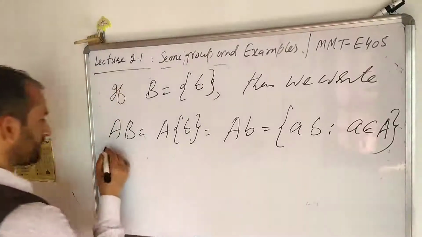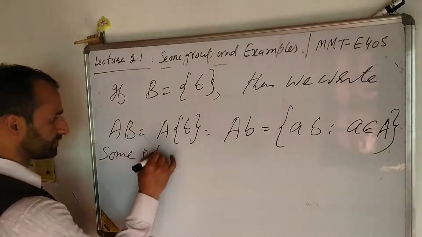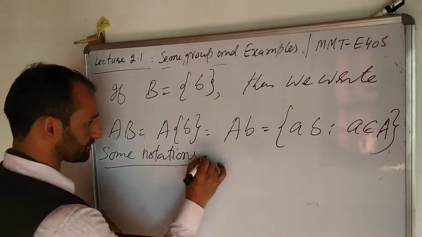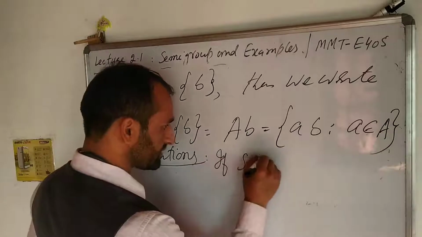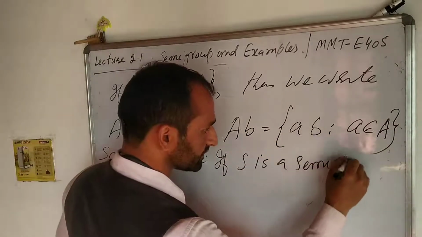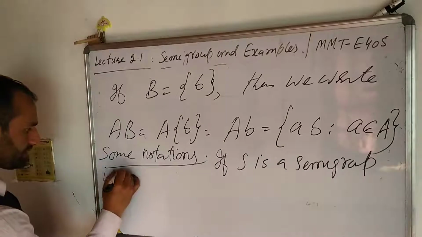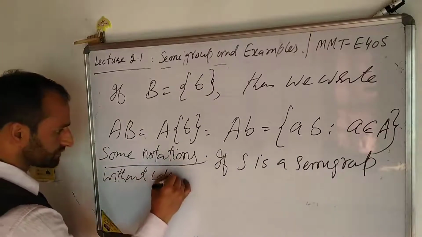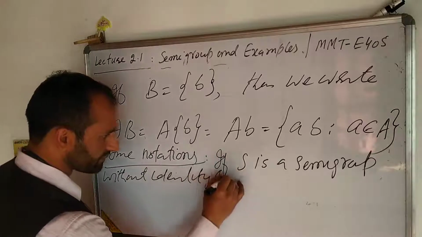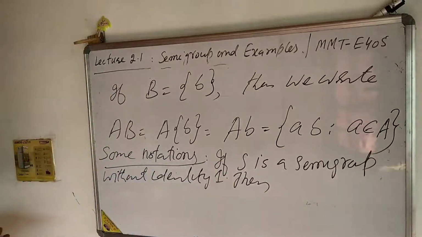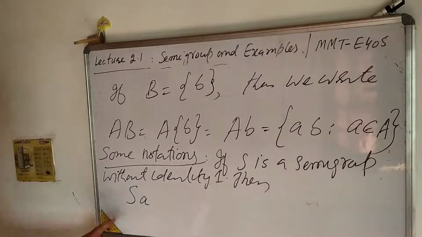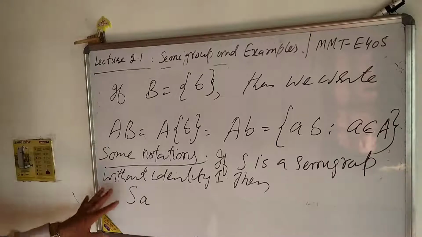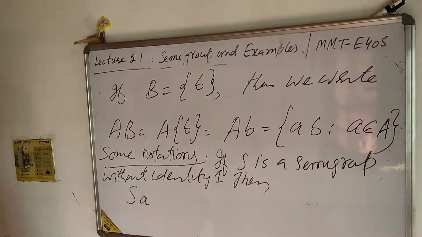Now we have some notations. If S is a semigroup without identity 1, then we write Sa. So what is Sa? S is a subset of S, the singleton {a} is a subset of S. So Sa is the product of two subsets of S, one is S itself, second is the singleton set {a}.